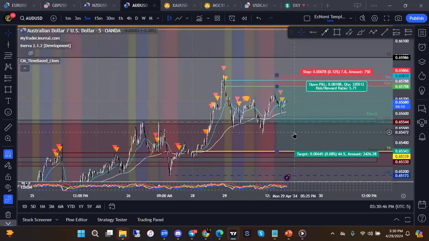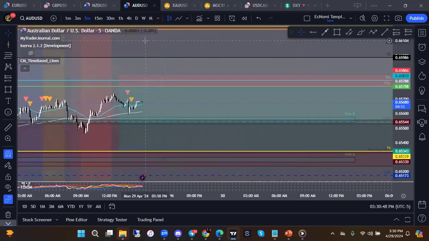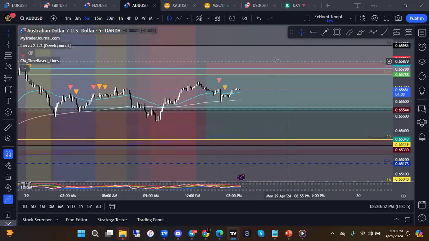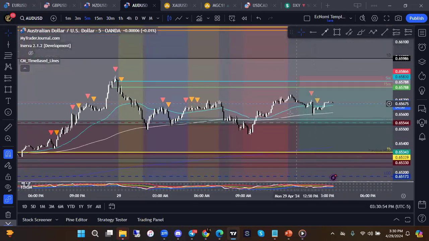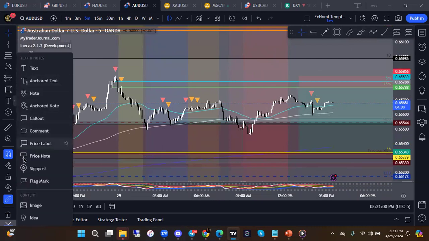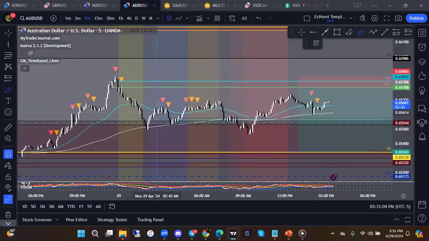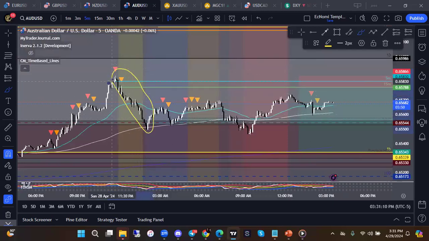Well, before we go, let's look at these structure points of what we identified before, right? We identified these. So this would be a structure point.